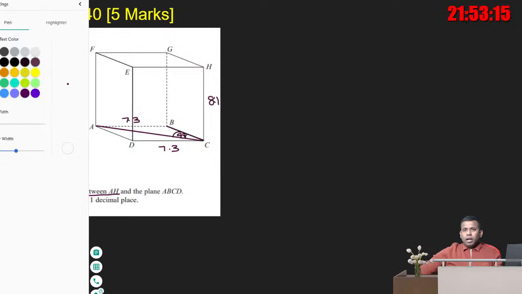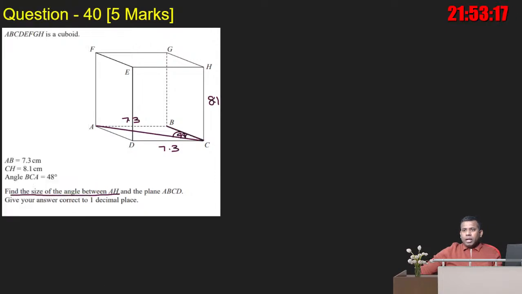I'm going to make the AH a blue color, A to H, making with the ABCD, right? So AH, so this is the angle they're asking. It's theta.